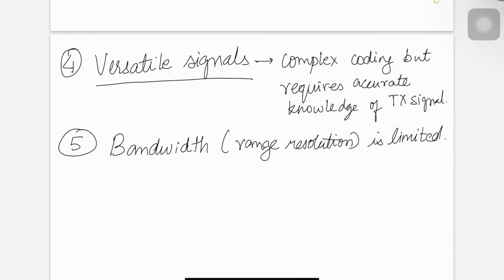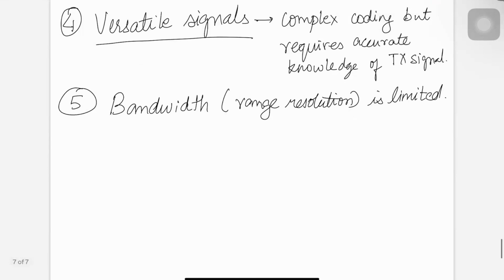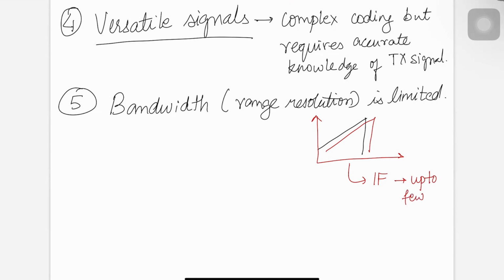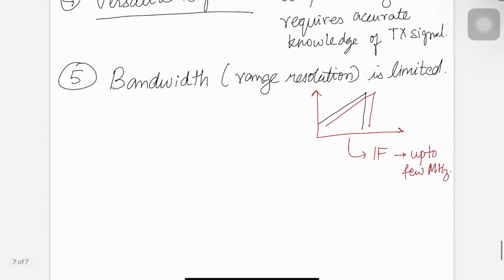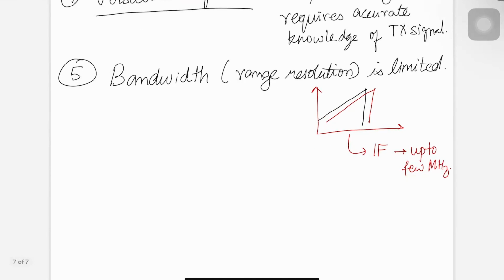One big reason why FMCW has become so popular now is that you mix the TX and the RX signal in the analog domain, with an actual mixer. Once you mix them, you essentially end up with an IF that is only up to a few megahertz at most. That's nice. It's a very low frequency signal.